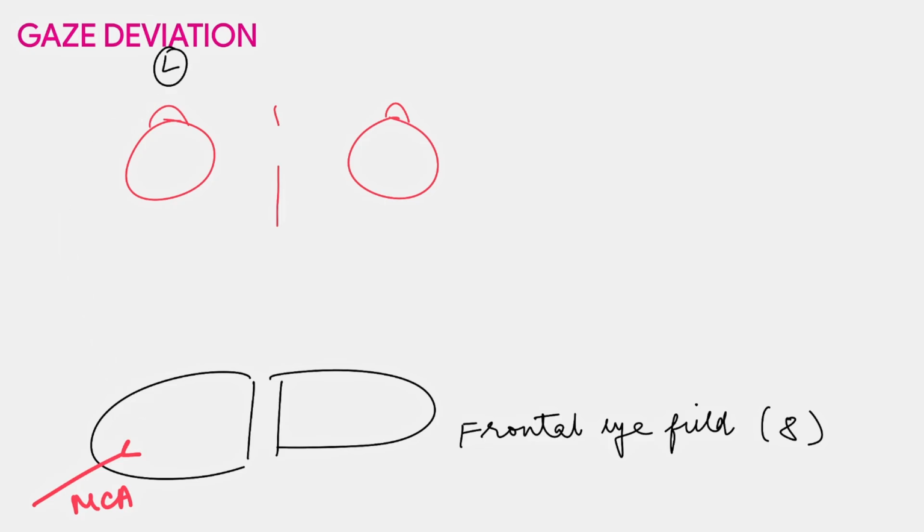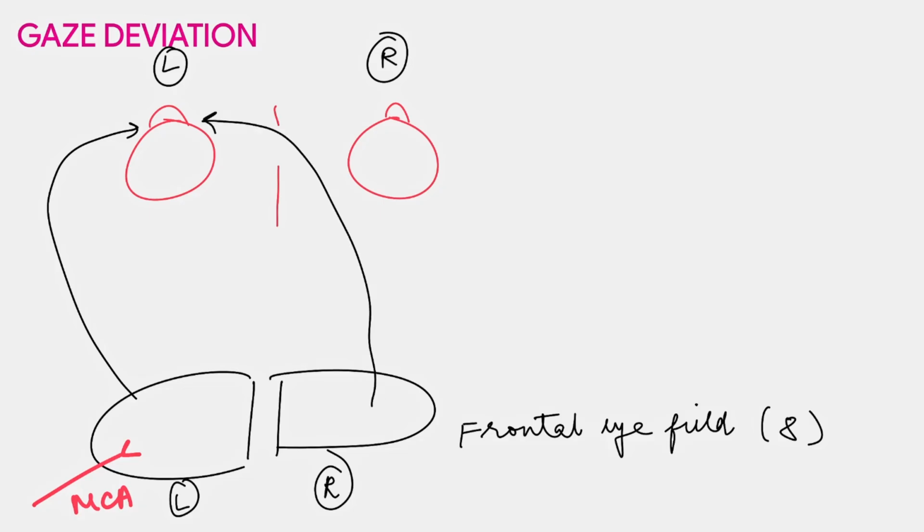So, if you're only talking about the left side, the left frontal eye field is trying to shift your gaze towards the right, towards the opposite side. But your right-sided frontal eye field is doing the same thing towards its opposite side. So normally both of these impulses are in harmony, and there is no obvious gaze shift unless you want it to occur. Now, assuming there is an MCA lesion on the left side, the left frontal eye field can no longer push the eye towards the other side.